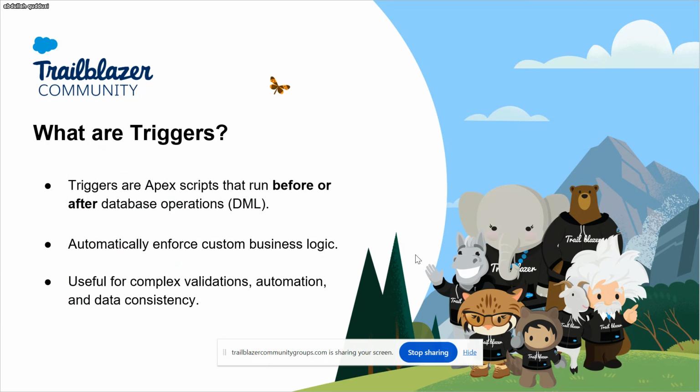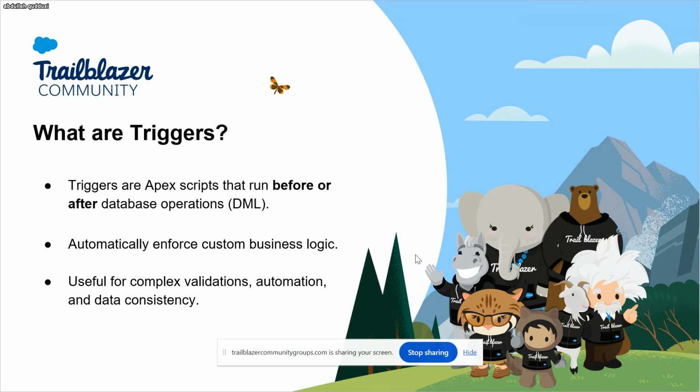The definition: triggers are Apex scripts that run before or after a database operation, that is DML, automatically enforcing custom business logic, useful for complex validations, automation, and data consistency.